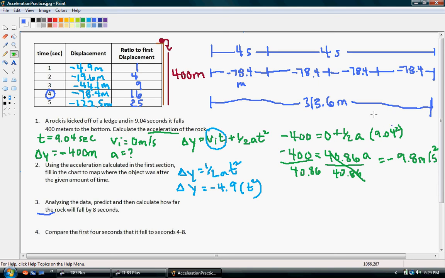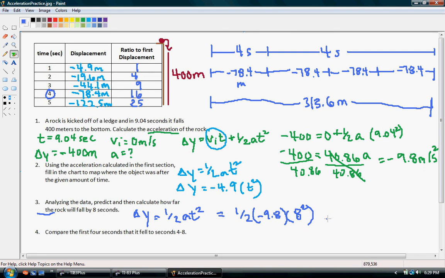So let's go ahead and calculate that and see if we are correct. So we know that our equation will be delta y equals half of our acceleration times time squared. So our displacement will be equal to half of the acceleration due to gravity times our time squared, so at 8 seconds.